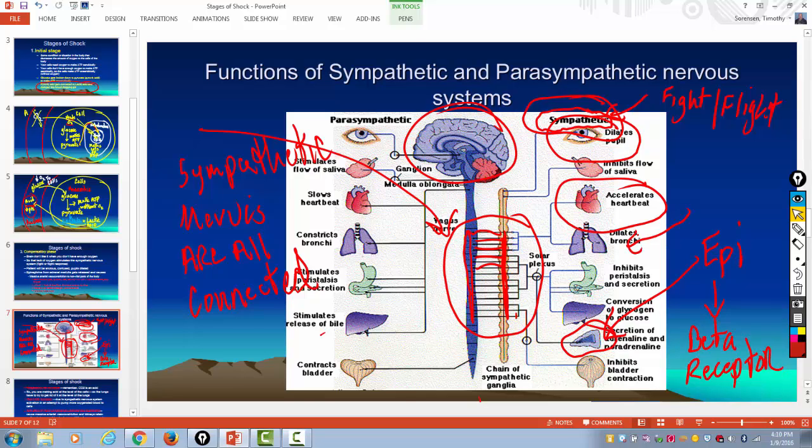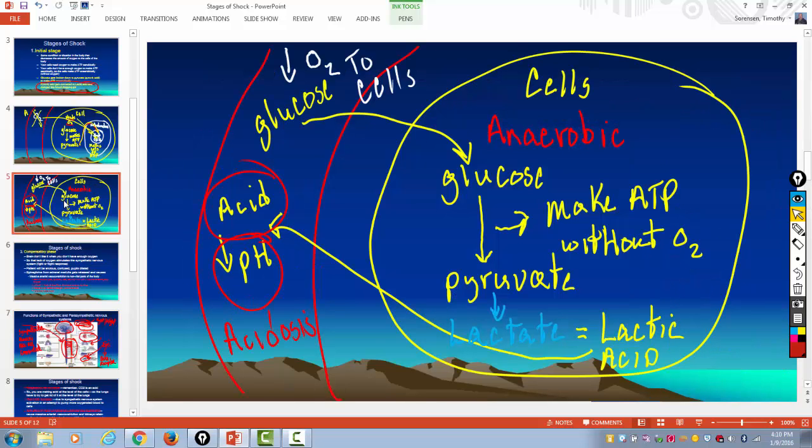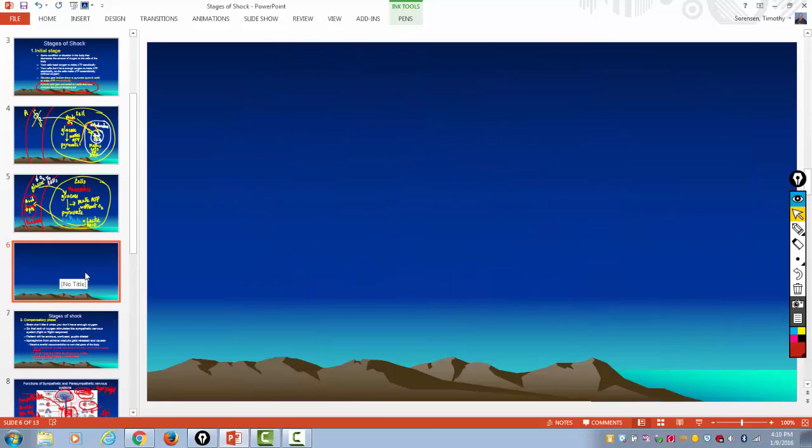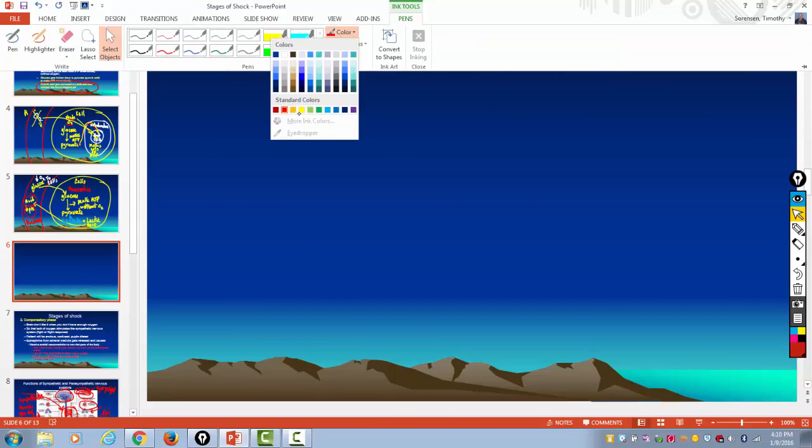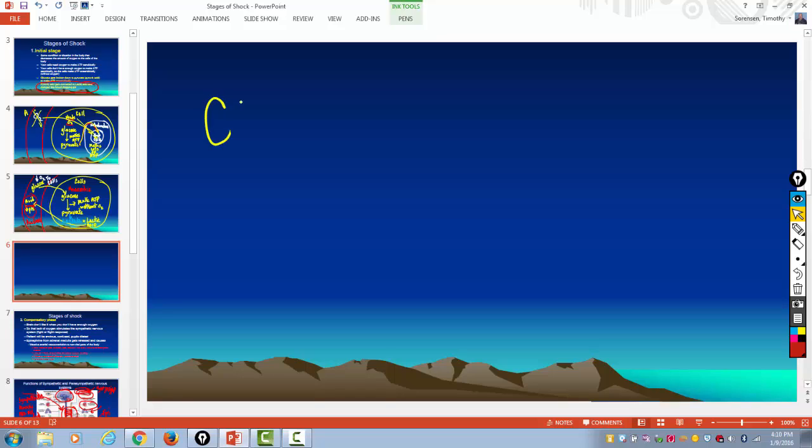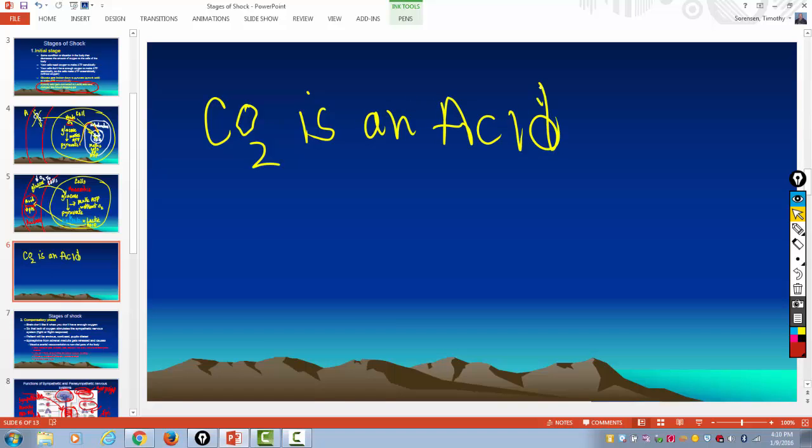And one of the reasons you're breathing faster and deeper, right, is you're making acid at the cell. And the lungs have to help out with that pH. So what the lungs are going to do, and write this down, never forget it, tattoo it someplace: CO2 is an acid, right?